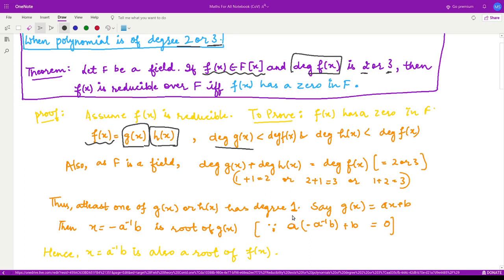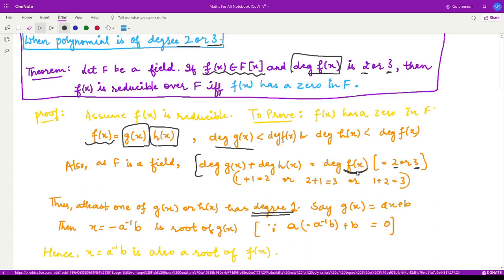How is this so? Because we know that there's a result that in fields, the degree of the polynomial f(x) is equal to the degree of g(x) plus the degree of h(x) if they are written as the product of two different polynomials, right? In this case, our given polynomial f has degree either 2 or 3, right?